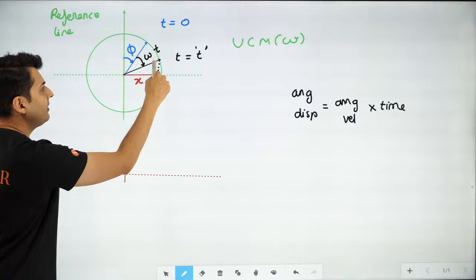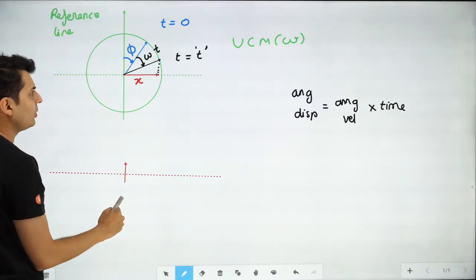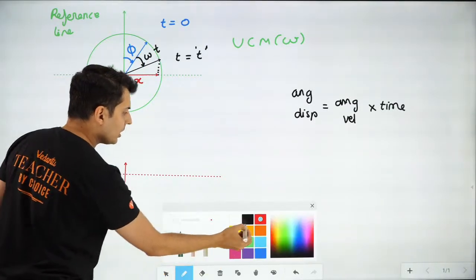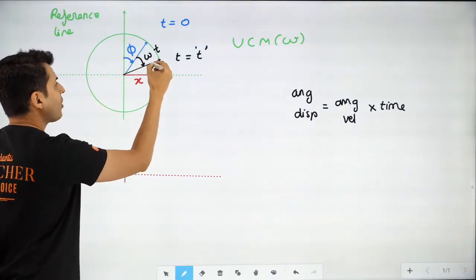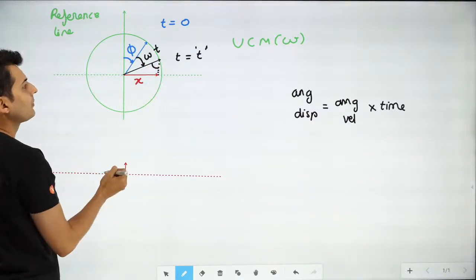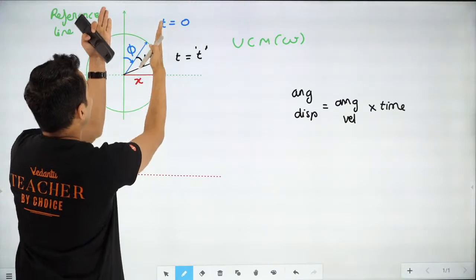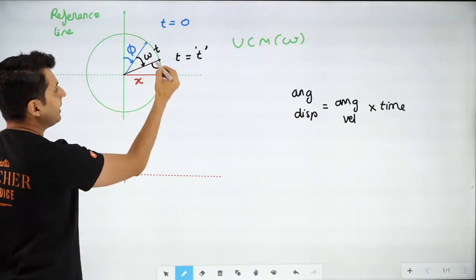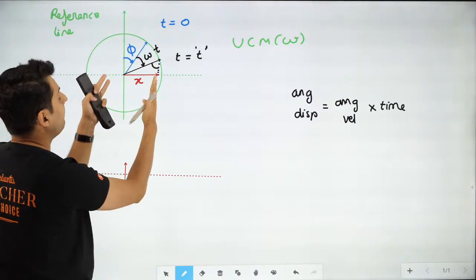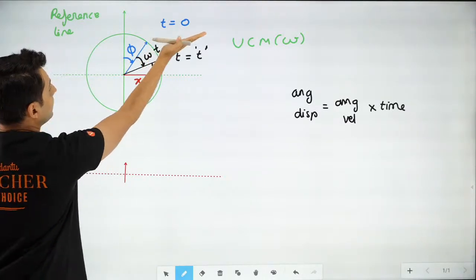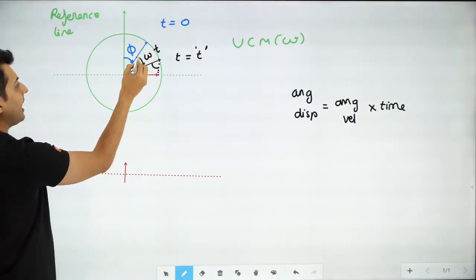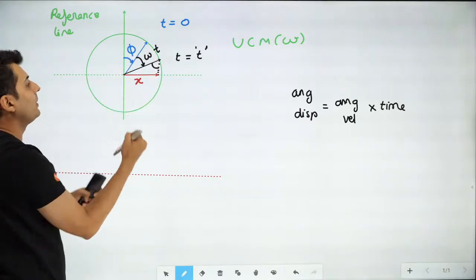Now think about it. In this right angle triangle that you can see over here, I hope you can also visualize what this angle is going to be. Guys, these are two parallel lines, that green line and that black dotted line, and there is a line over here, and this angle totally is phi plus omega t.